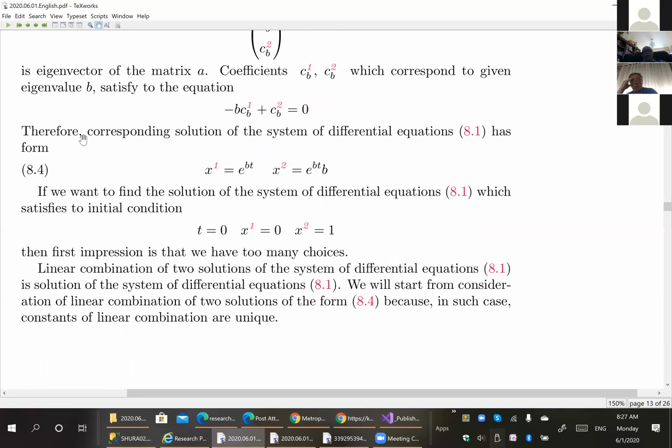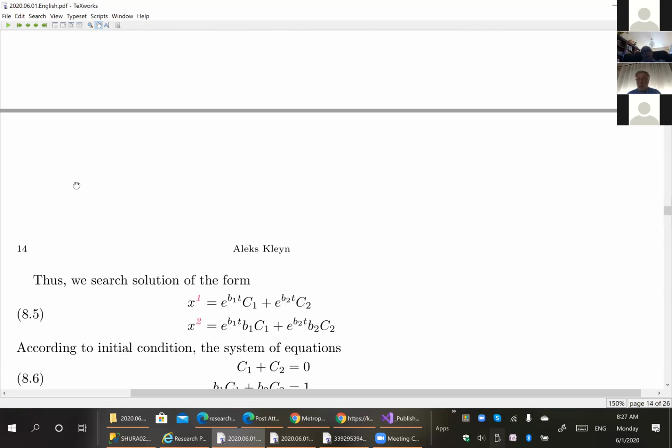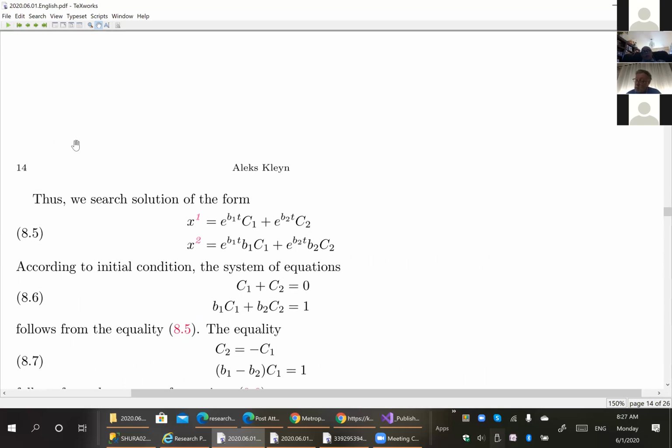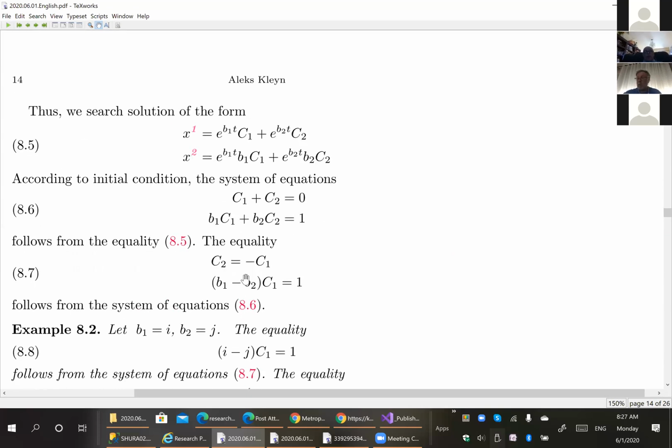So at first you get the impression that if I want to choose such a type of initial value, I have too many choices because I have infinitely many fundamental solutions. But in particular, if we look at B1 and B2, then ultimately I get a solution like C2 equals minus B C1, and B1 minus B2 times C1 equals 1.